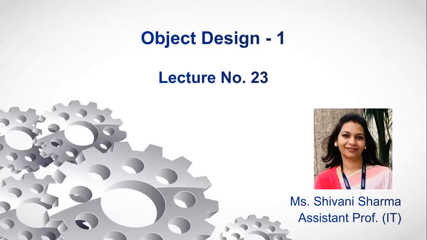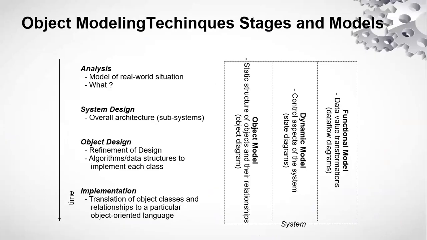So we're starting with the object design. Now in your syllabus, it's written as object design. But what we are going to start with is the object modeling techniques, right? So let me tell you one thing: what is the object-oriented modeling technique?